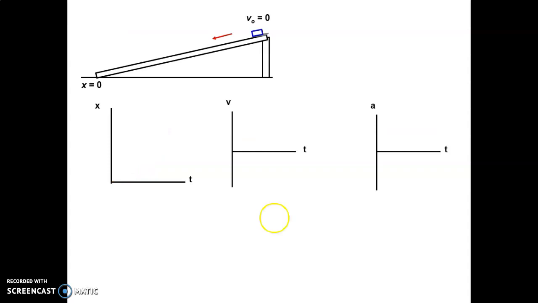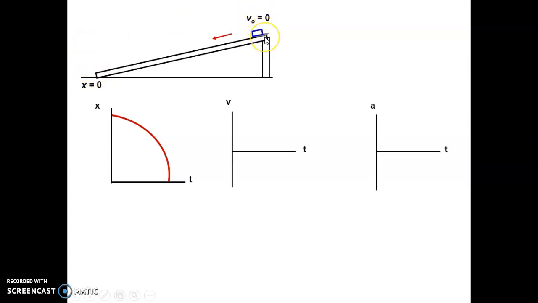How about this? Same thing, right? But it's going in the opposite direction. Whoa, that's weird. It starts away. So now it looks like we're calling this position down here x equals 0. This is what we would call our origin.